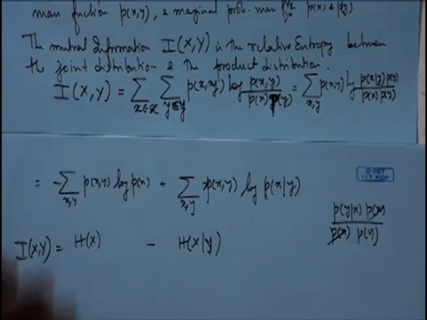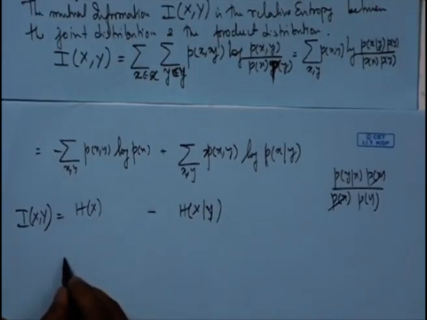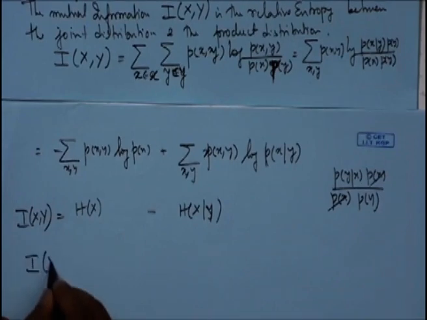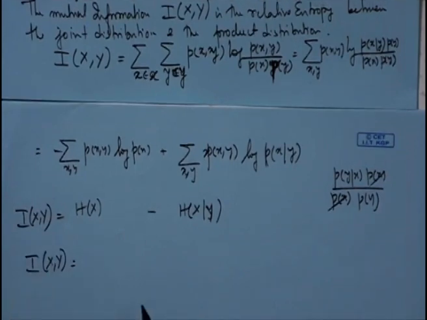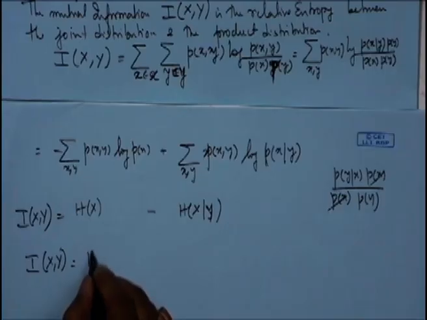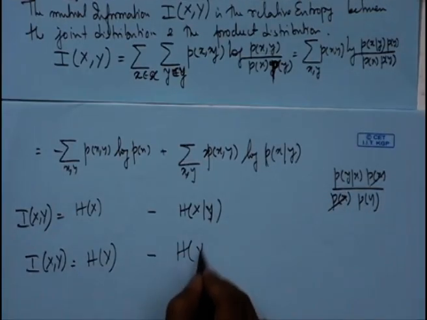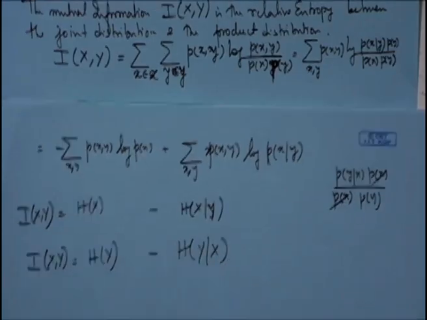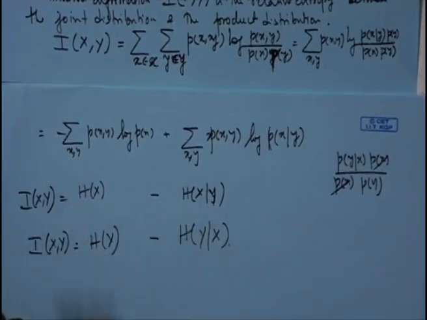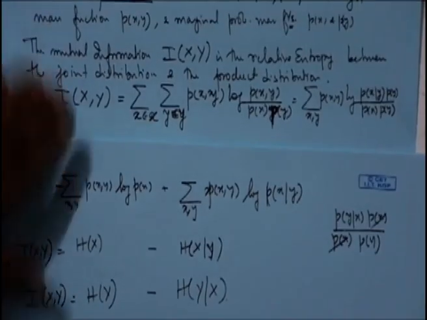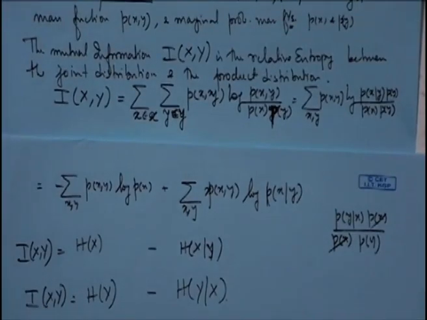We can cancel these out if they are non-zero, and then I of xy will be h of y minus h of y given x.